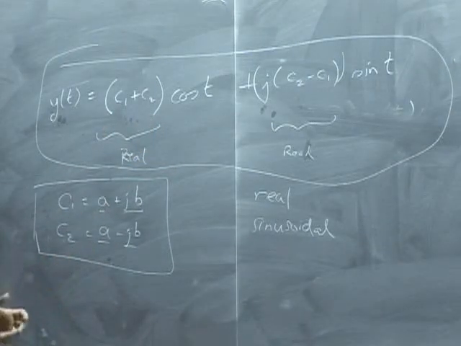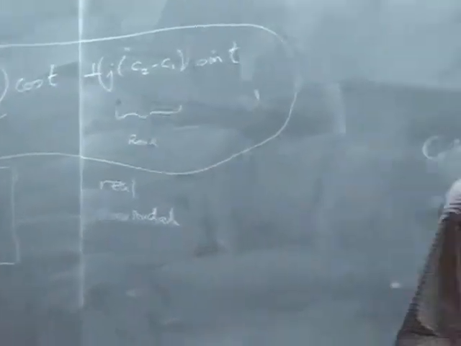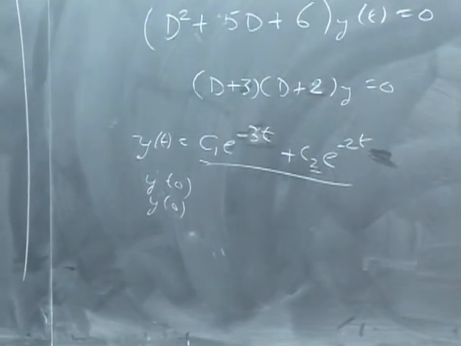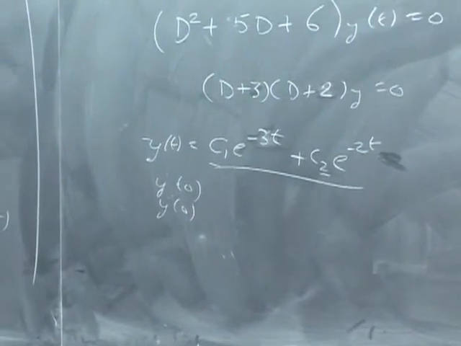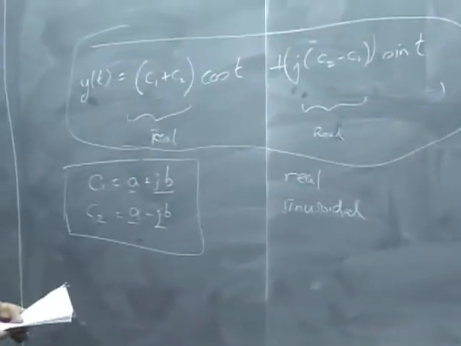I noticed that I'm reusing C1 and C2 more often than I should, because these C's are not the same as those C's. Are they the same C's? Wait a minute. No, I take it back.